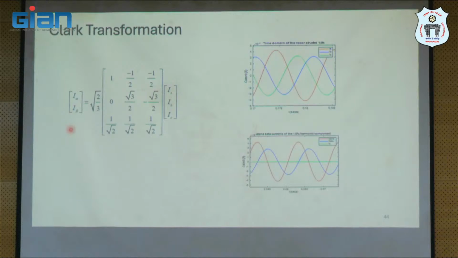So what will I do? I will first center the data. For I alpha, I will calculate the mean of the alpha vector and subtract the mean; for beta, subtract the mean. I will center the data. Then I will calculate the covariance matrix. Then I will calculate the eigenvalues. Then I will calculate the eigenvectors.